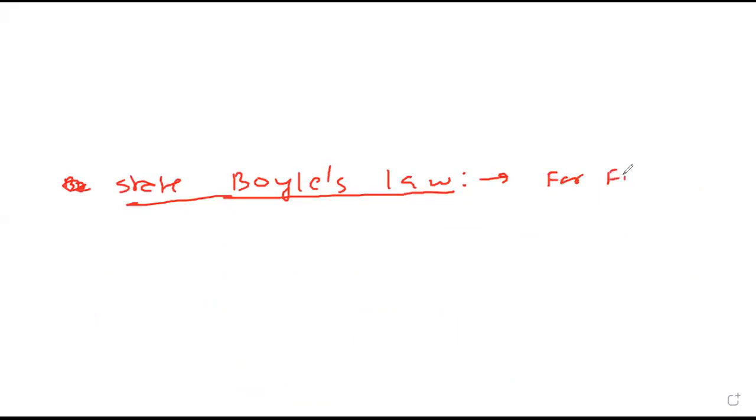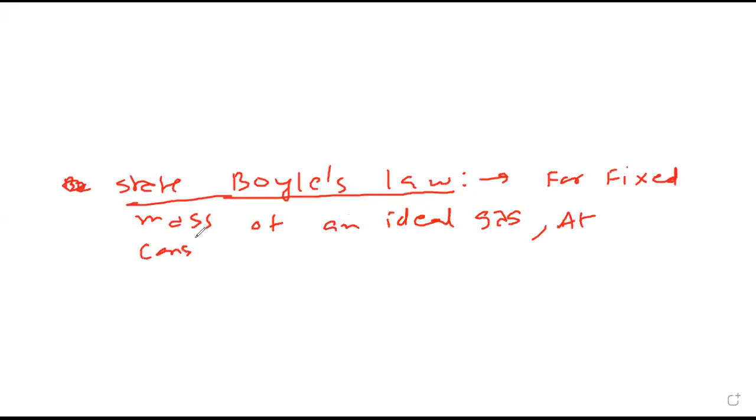For fixed mass of an ideal gas at constant temperature. Charles' law was at constant pressure, then Gay-Lussac's was at constant volume. This is at constant temperature.